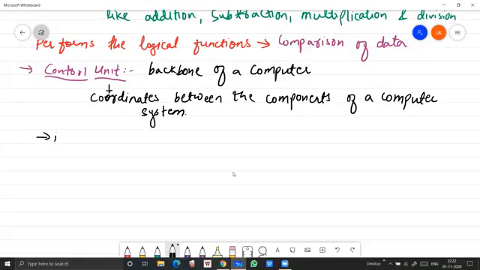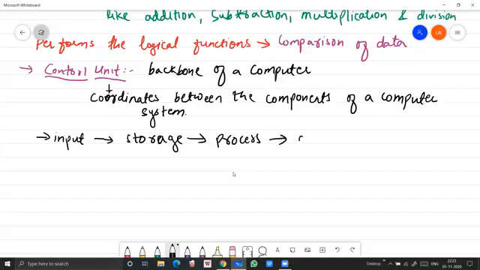First, input is sent. Then the data gets stored. Then the processing takes place.